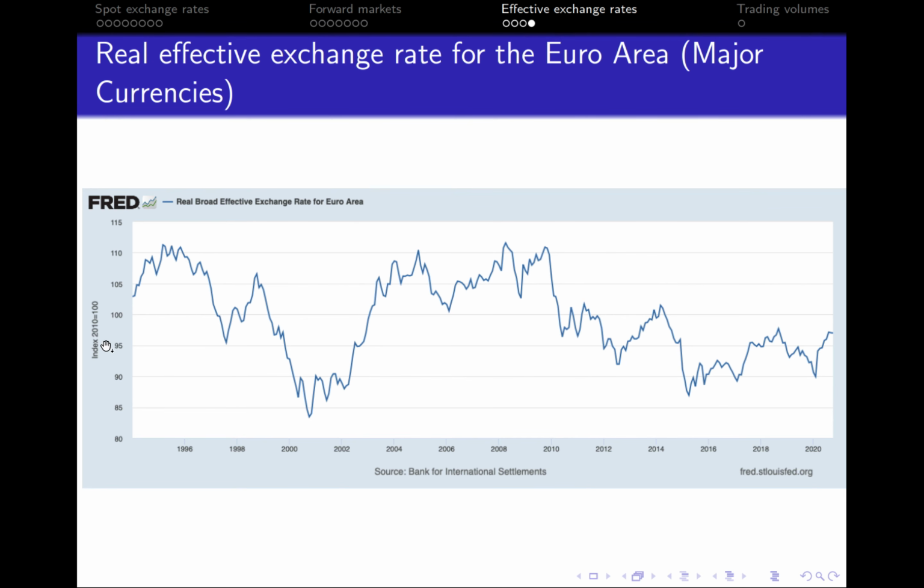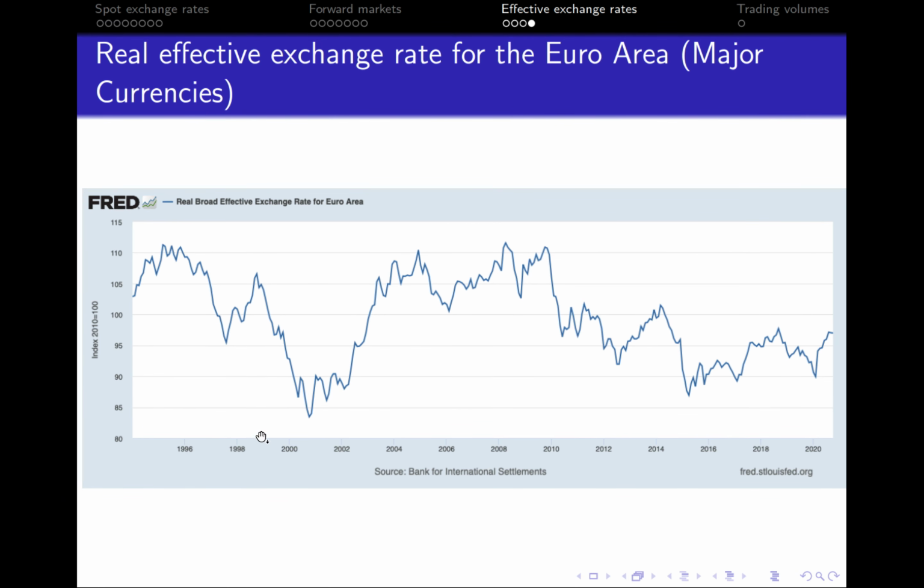Now, look, here we have broad effective exchange rate for Euro-area, and here again I set an index so that 100 is 2010, and here we can observe the behavior of the exchange rate of the European currency. Now, you might ask, how is it possible that we have the values over here?